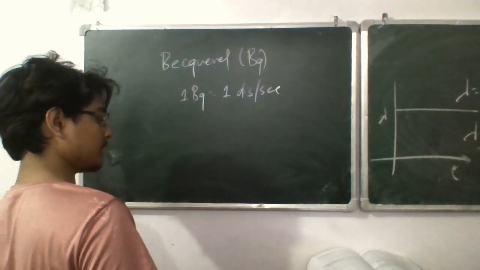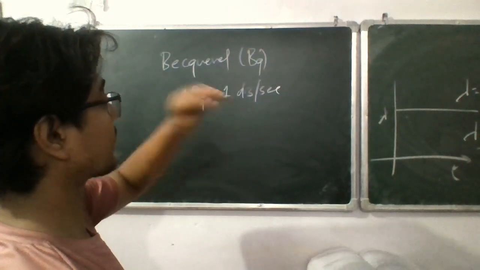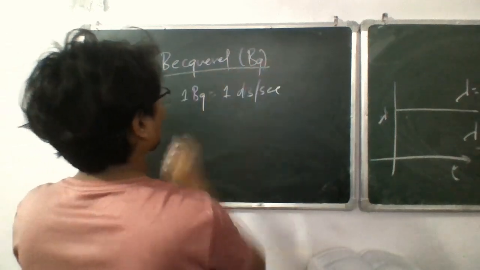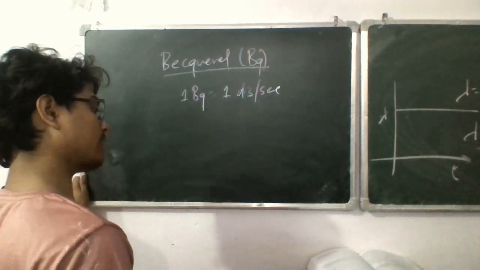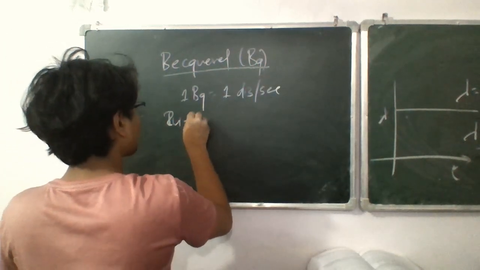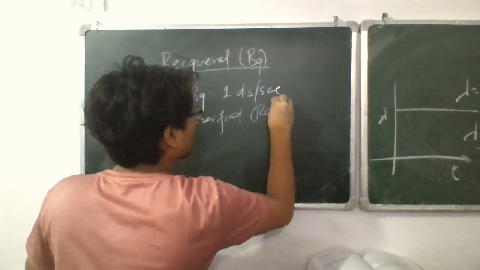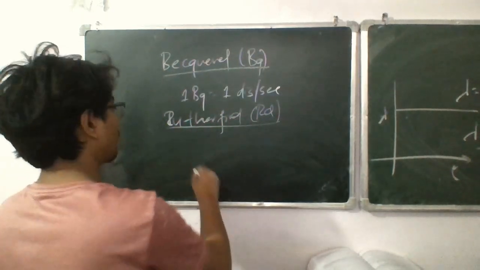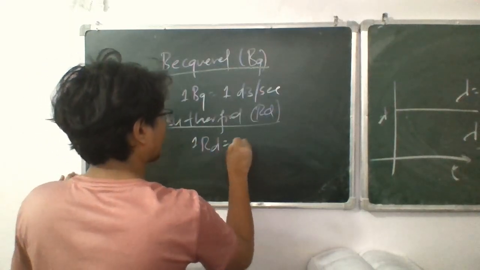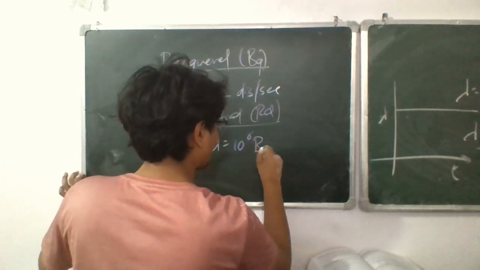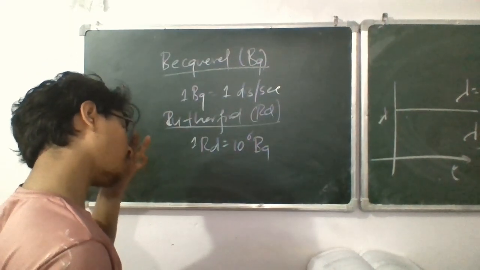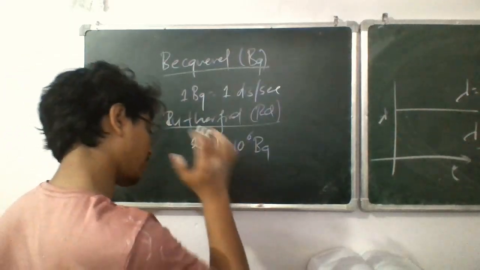So this is a becquerel. Another is the Rutherford, which is denoted by Rd, and 1 Rd is 10 to the power 6 becquerel.